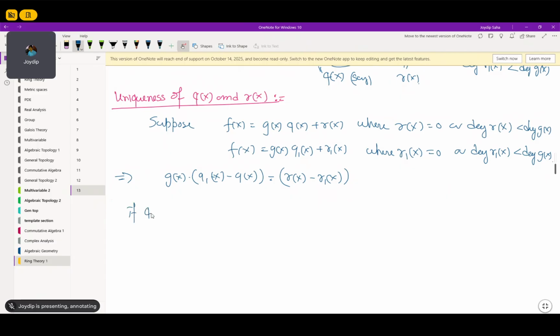If q1(x) minus q(x) is not 0, then the left hand side has degree greater than or equal to degree g(x), because K[x] is an integral domain.